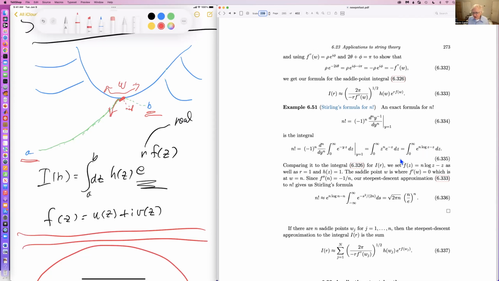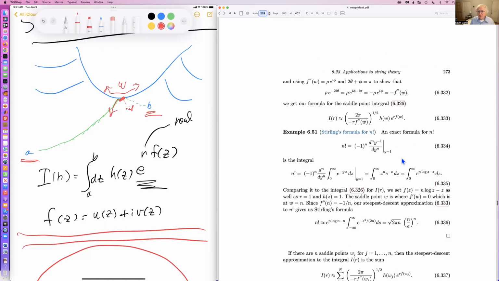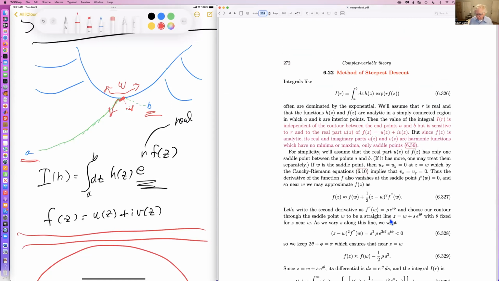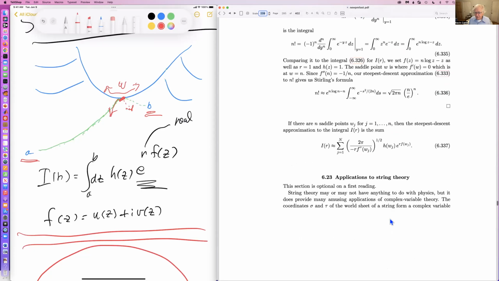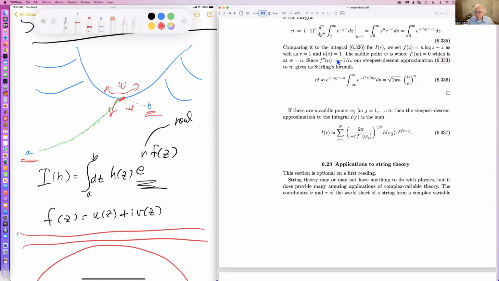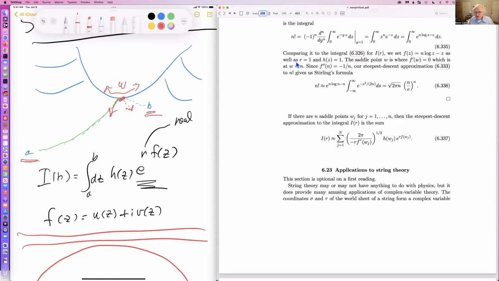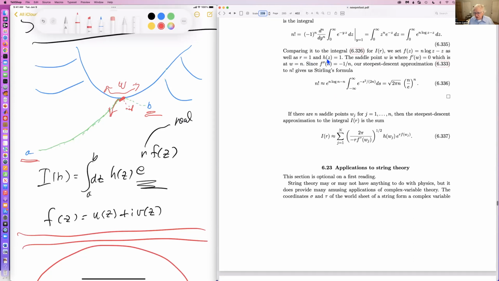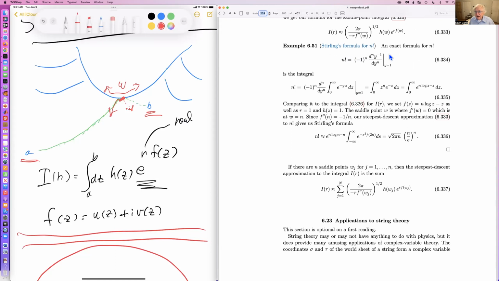So now if we compare this to the standard form for I of r, what we see is that we can set r equal to 1, h of z equal to 1. The saddle point w is where the first derivative of f vanishes. F is n log z minus z. F prime is 0.